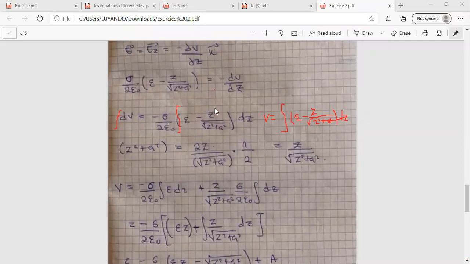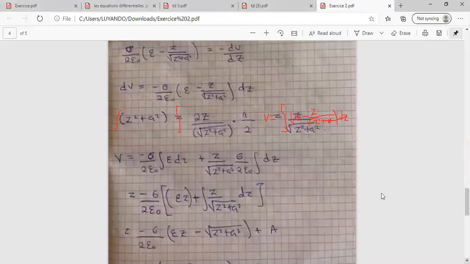So I'm going to have negative my constant, which is gotten from this, negative from the dv, times the expression I have here.